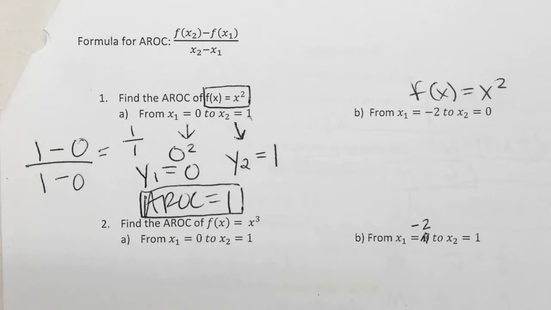For x, it's negative 2 squared. What's negative 2 squared?